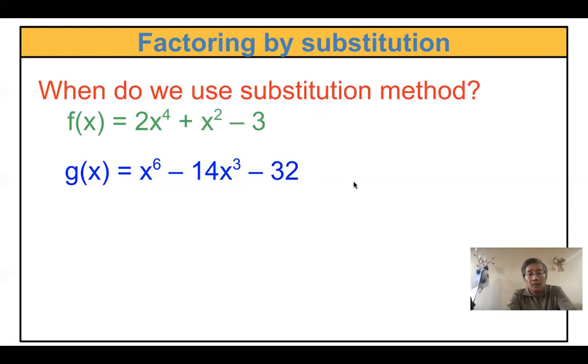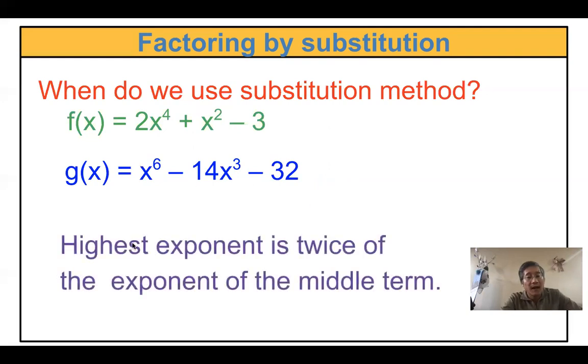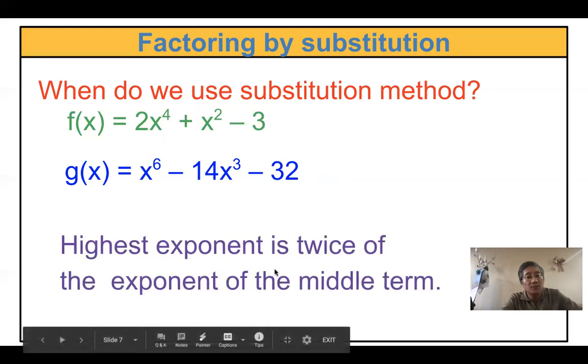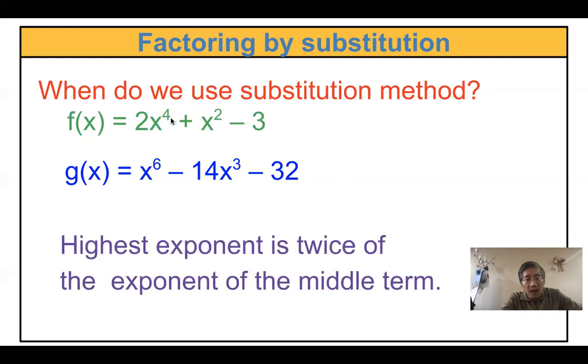So let's look at this. When do we use the substitution method? Take a look at f of x and g of x. When do we use the substitution method? Can you think about it? We use the substitution method when the highest exponent is twice the exponent of the middle term. The highest exponent here is 4, and this one is 6.